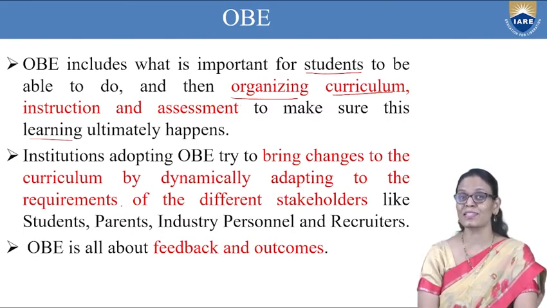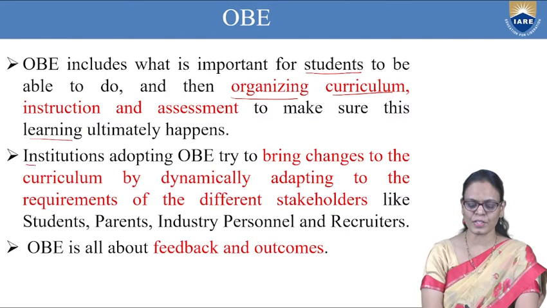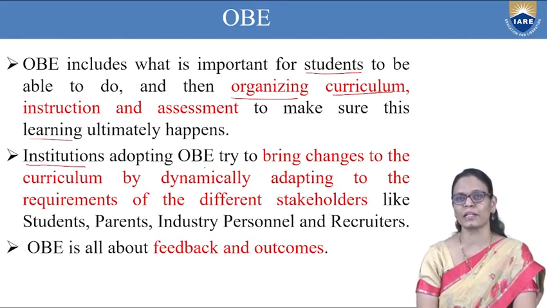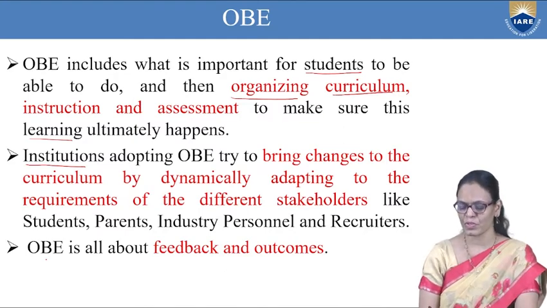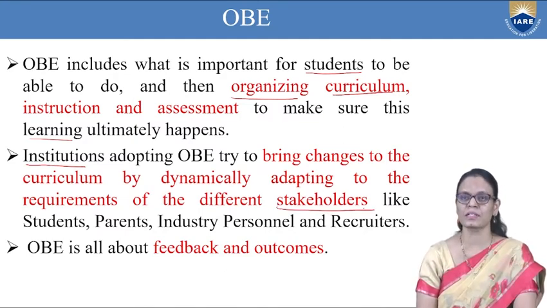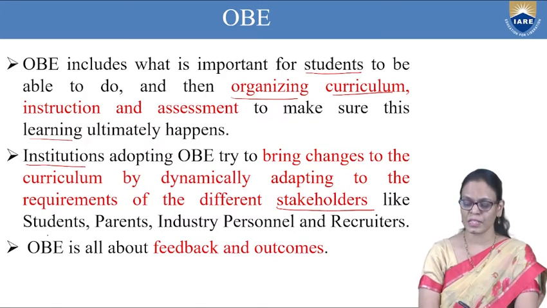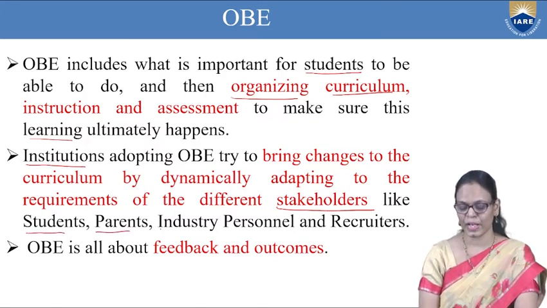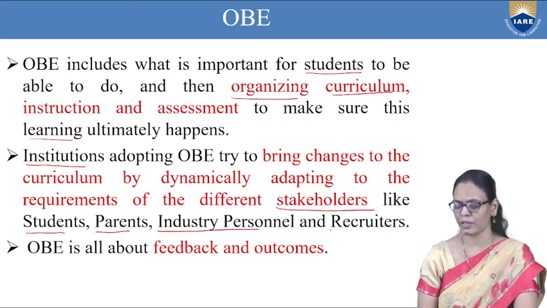Now, coming to the institute level, the institutions which adopt OBE try to bring in changes in the curriculum by dynamically adapting to the requirements of different stakeholders. When we are talking about stakeholders here, stakeholders are students, parents, industry personnel, and recruiters.